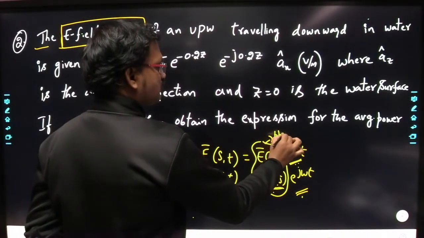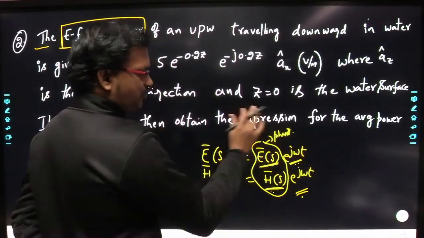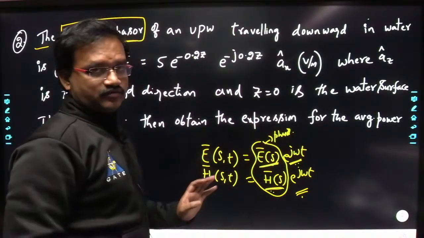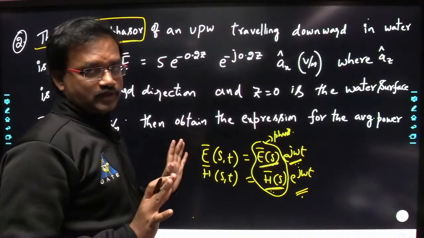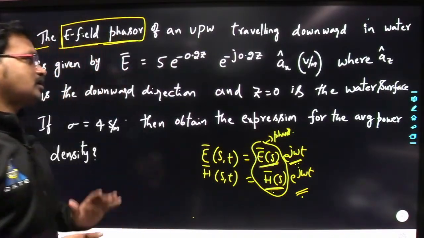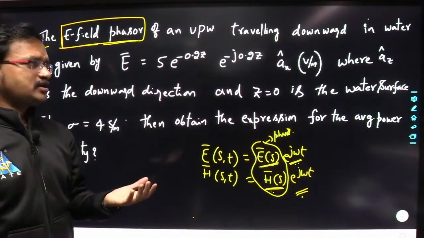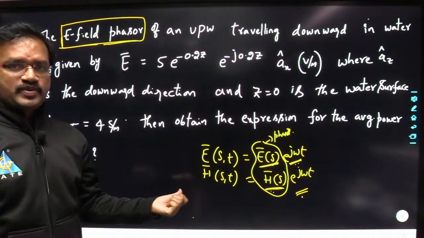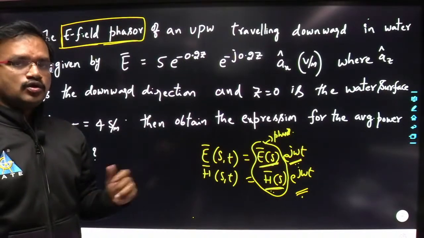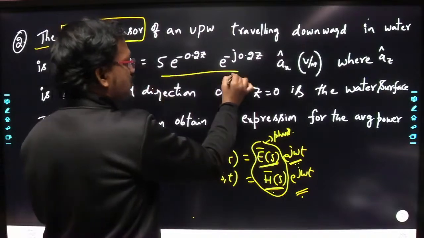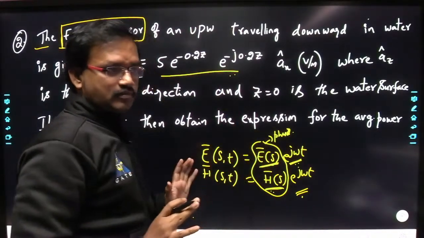Just by removing the e power j omega t term, the field is called phasor form. So don't get confused that the electric field has only spatial variation; the electric field must be a function of space and time, but phasor form gives only the spatial variation. Understood?